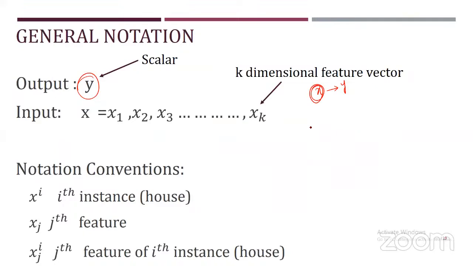So the notation for multiple linear regression is going to be represented as x_ij.